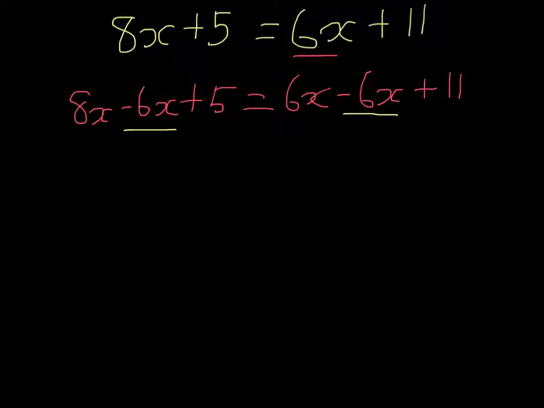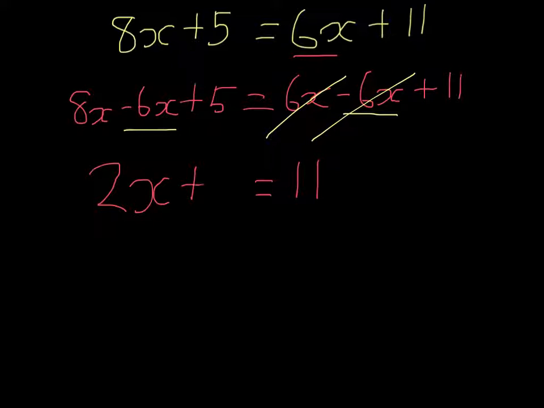You can see that taking away 6x from 6x will cancel it out. So on that side of the equation, we are left with 11. On the other side, 8x take away 6x is going to leave us with 2x. And then we will still have the 5.